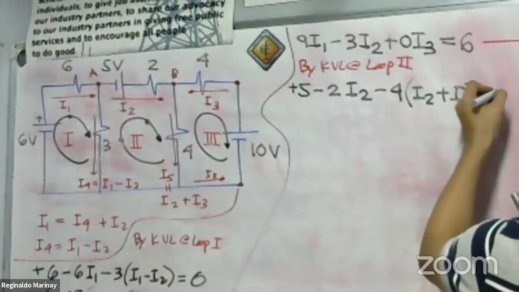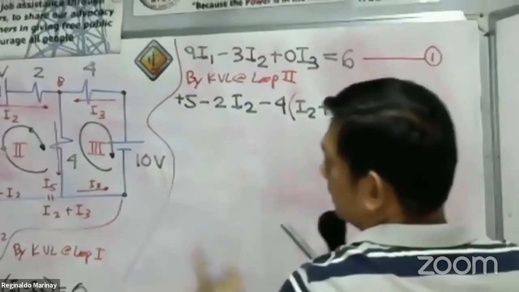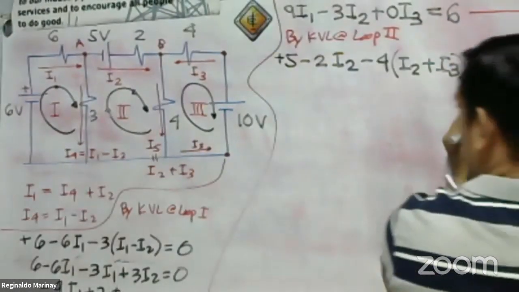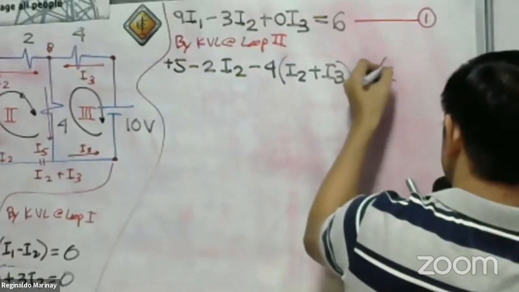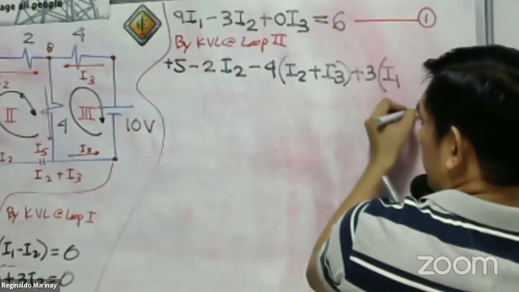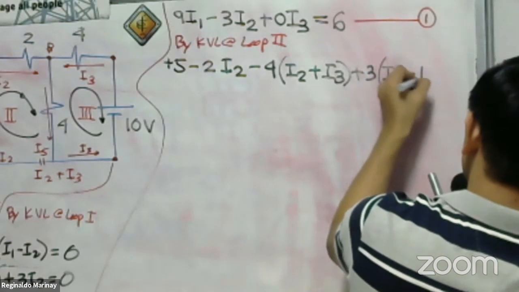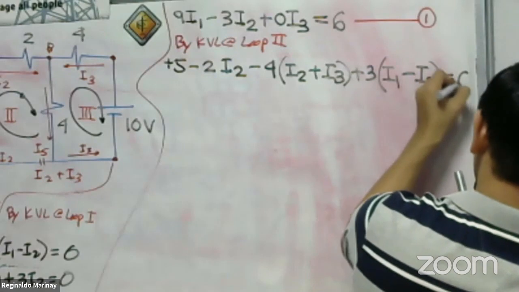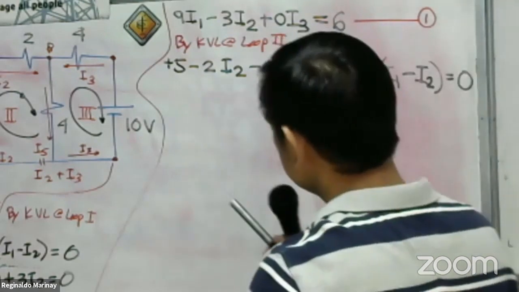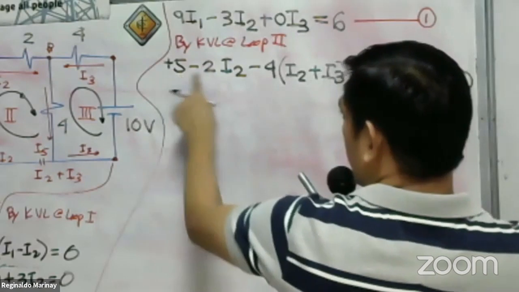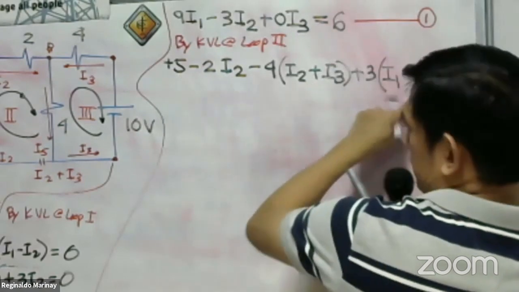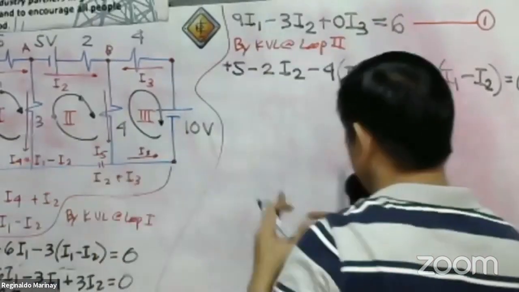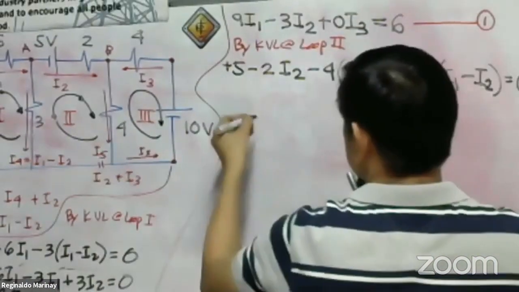So we have 3 multiplied by I4, which is I1 minus I2. So that is equal to 0. How many terms do we have? 1, 2, 3, 4. Therefore, it's complete.